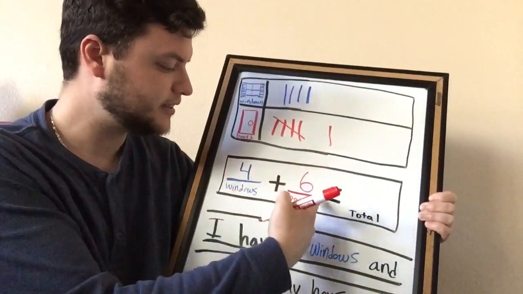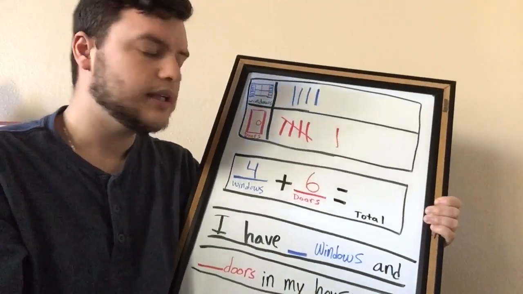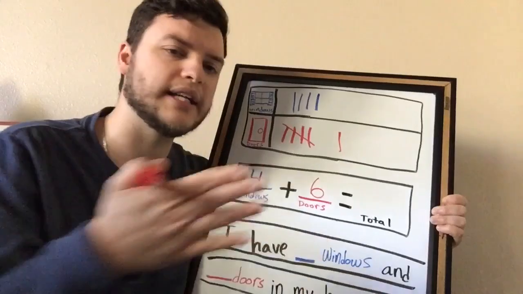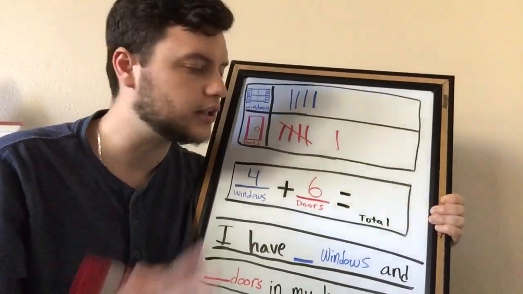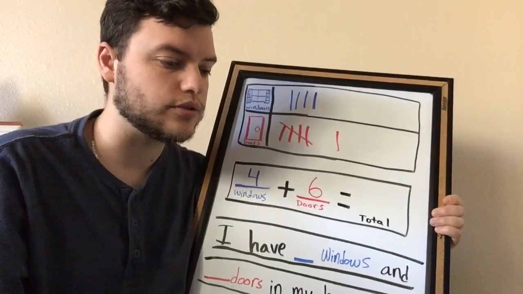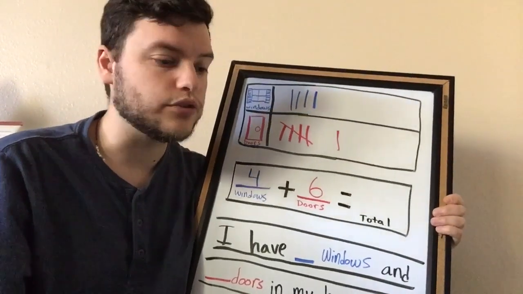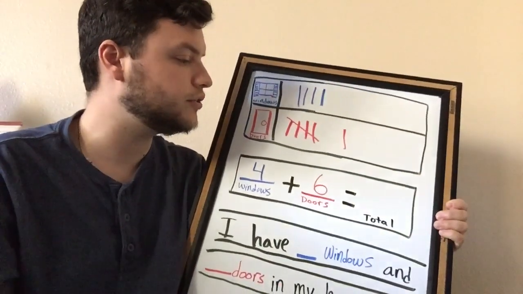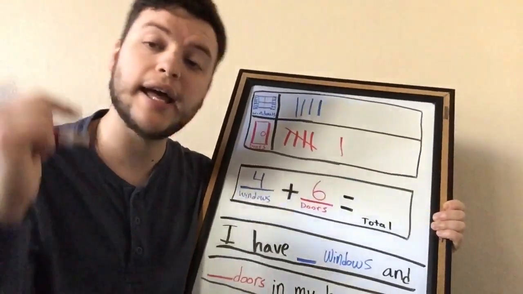4 plus 6. If I'm not sure right off the top of my head what 4 and 6 together is, there's lots of different ways to figure it out. You could use your fingers. You could use your toes. You could use your brain in your head to figure it out.